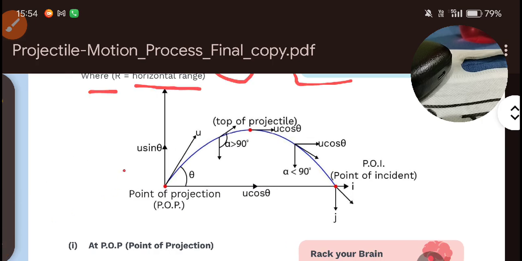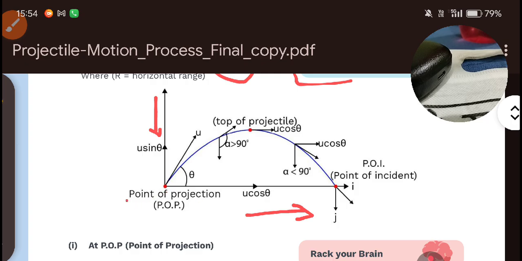Now let's explore this thing. As we know till here, this is u cos theta. This was our u sin theta, and this is our u cos theta. The point of projection will be over here.